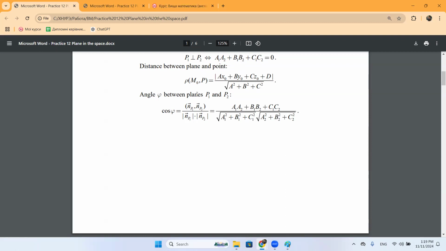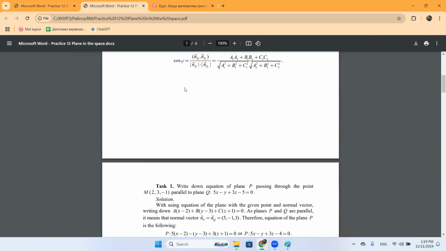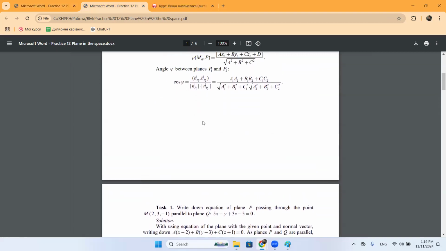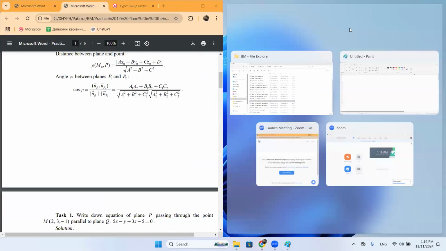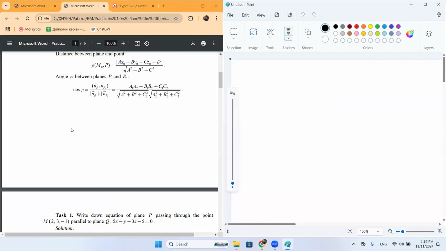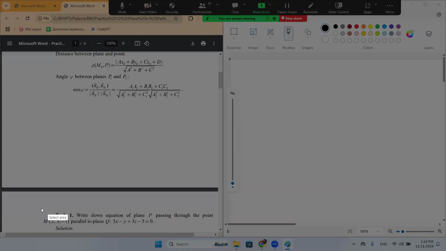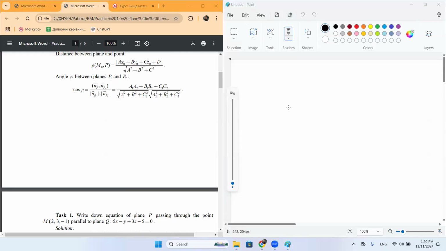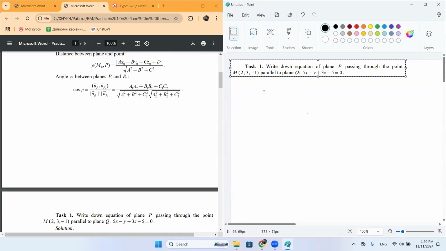Okay. So if no questions, starting solving tasks. So the first task. Do you see the text well? Should I zoom in, or it's okay?